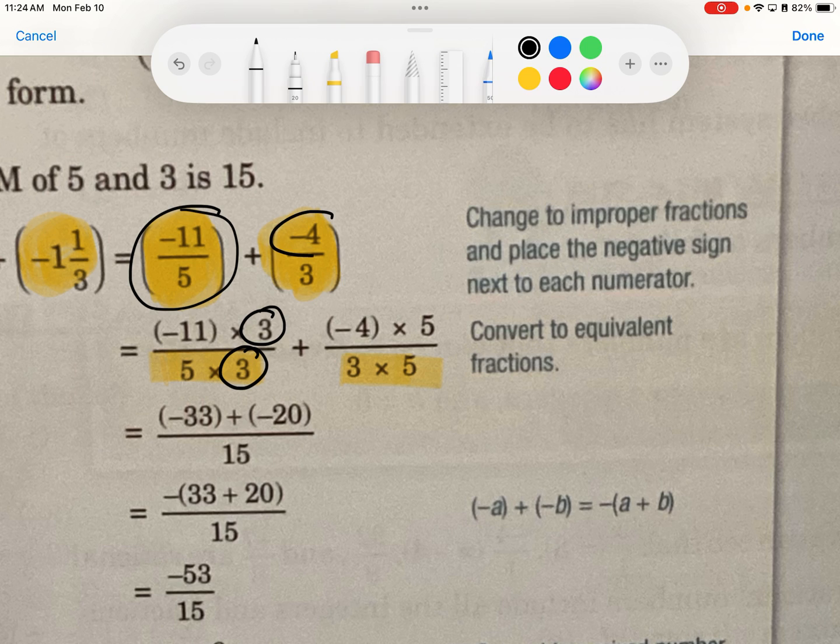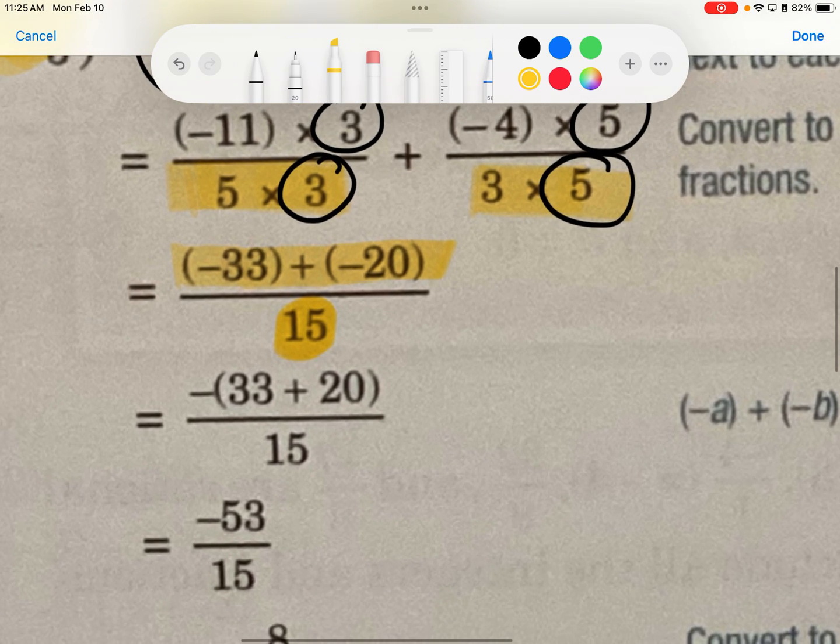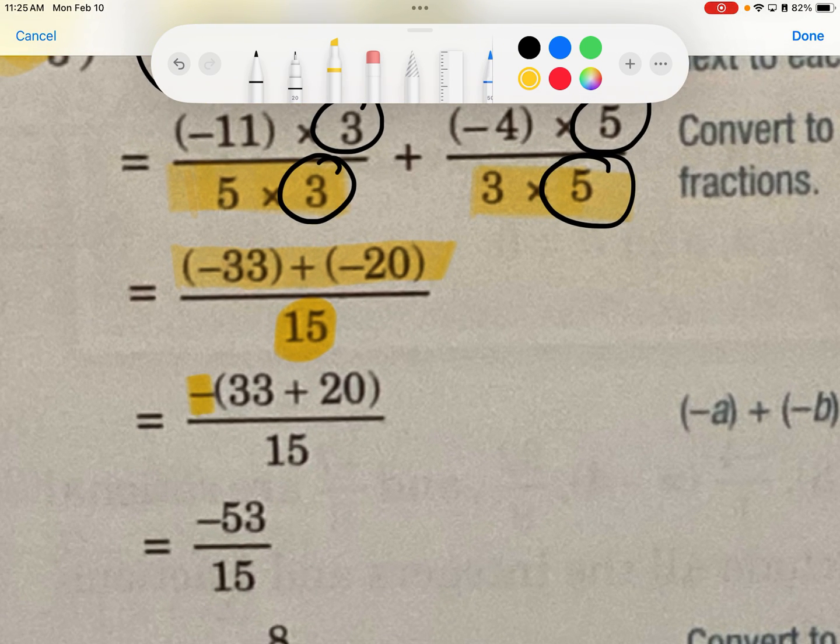And for -4/3, I'm going to multiply the top and the bottom by 5. So the whole point in doing this is so that we have the same denominator right here, 15. Because when we have the same denominator, we can take the numerator and we're just adding it. So -33 plus -20 equals negative. And all we're doing here is putting the negative sign in front because we know it's going to be negative. 33 and 20.